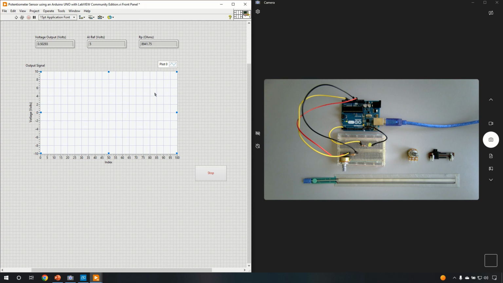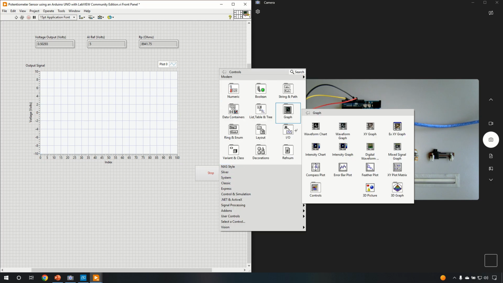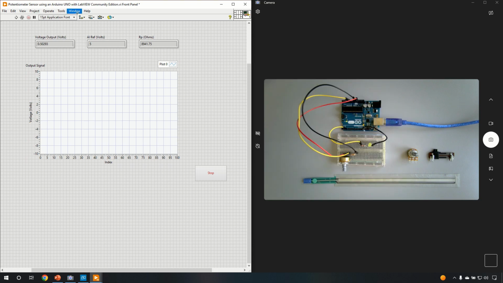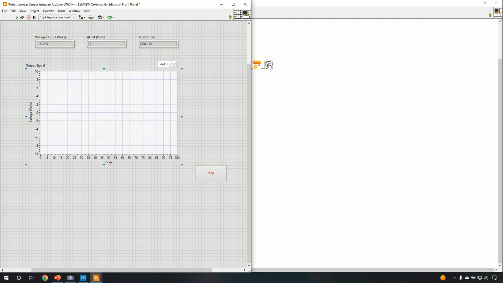So it's the amount of data points, because what we are dealing with here is a waveform chart. And for a waveform chart, on the x-axis, it doesn't display the time. Rather, it displays the index right here. So for every iteration or index value, it displays the output value or the voltage value. So that's why I called it the index right here.